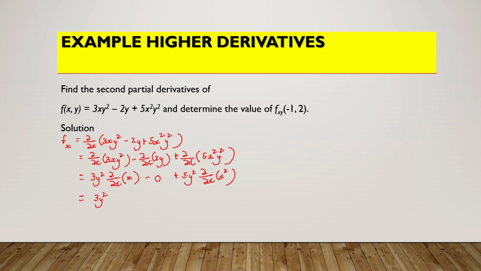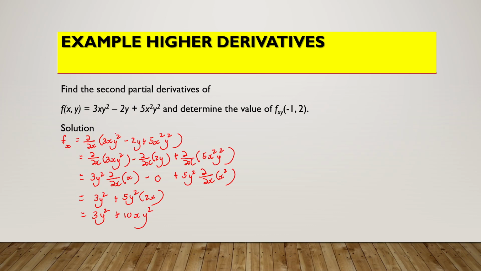The second term is 0. Del del x of x squared is 2x, so you have 5y squared times 2x. So in total you have 3y squared plus 10xy squared.